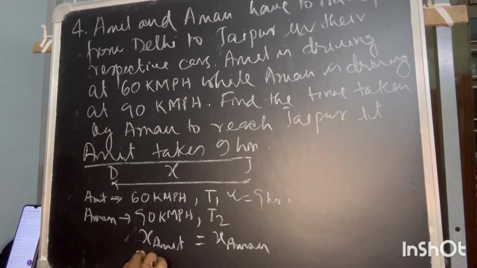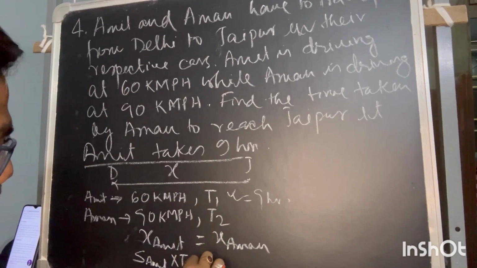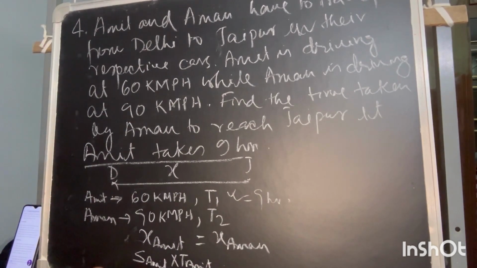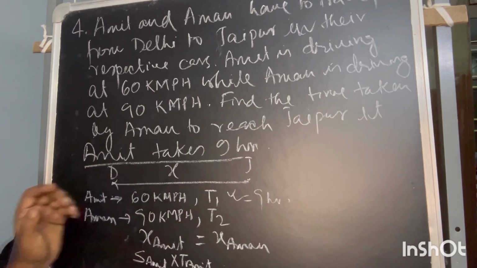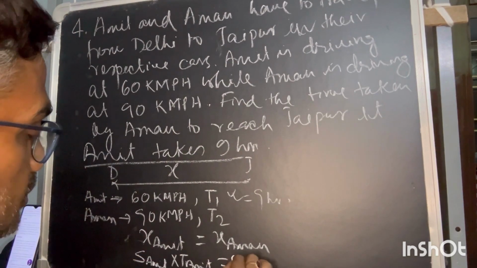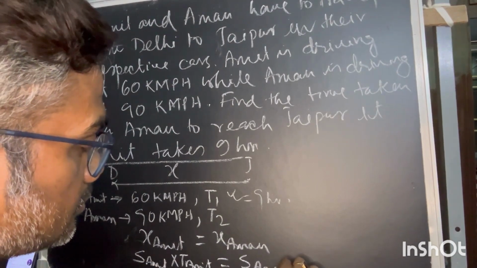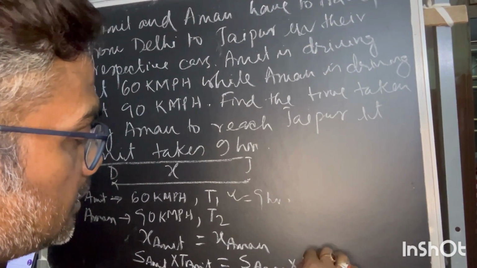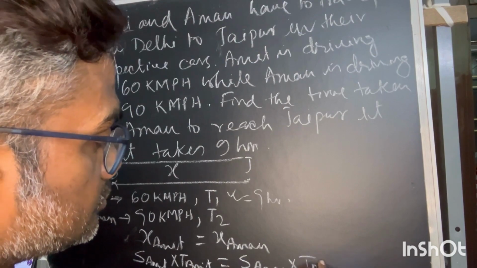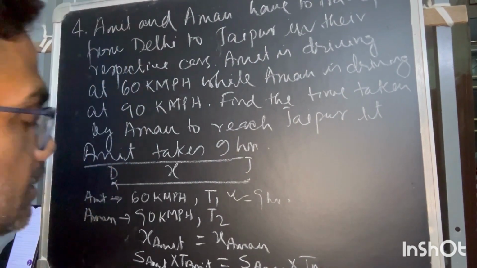Distance is the speed of Amit into time of Amit, because they are moving at uniform speed. So speed of Amit times time of Amit equals speed of Aman into time of Aman. This is the simplest equation that can be used here.